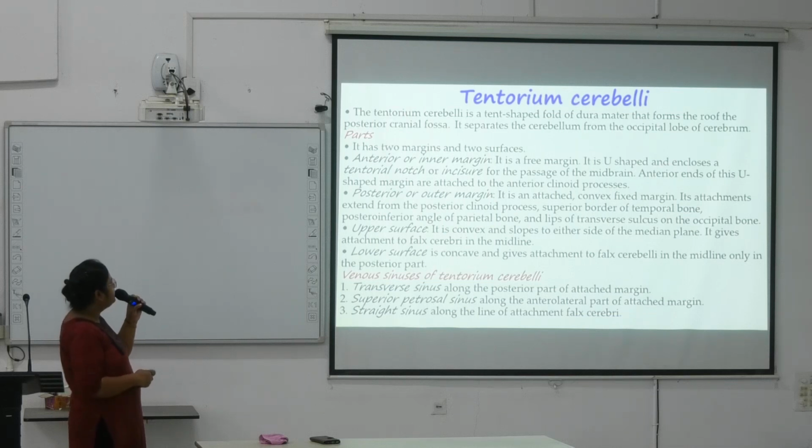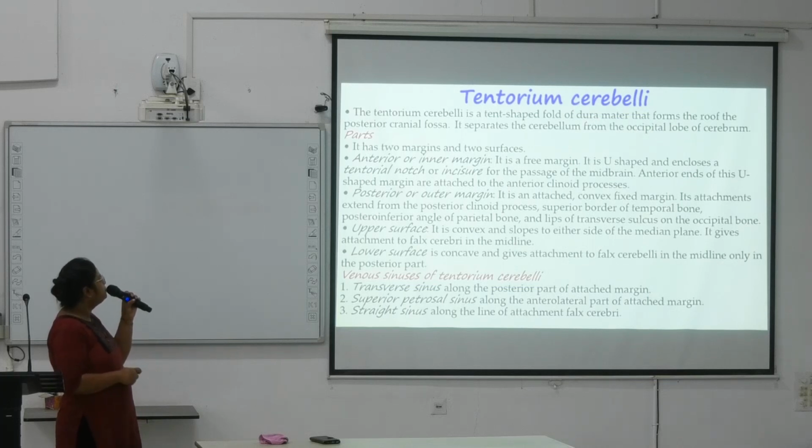Tentorium cerebelli is a tent-shaped fold of dura mater that forms the roof of the posterior cranial fossa, and it separates the cerebellum from the occipital lobe of the cerebrum. These are the parts. It has two margins and two surfaces.